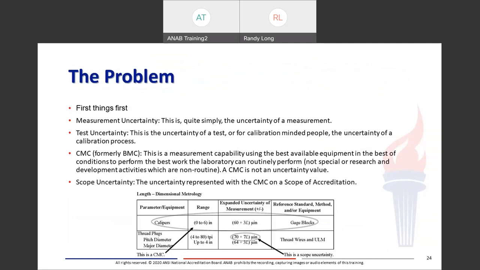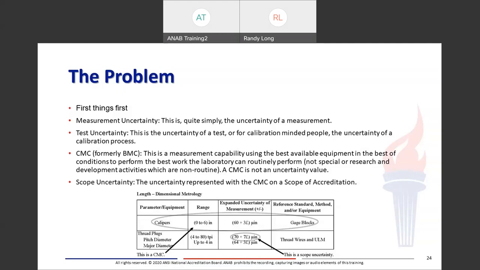So getting into the definitions of the different types of uncertainties. A CMC on a scope of calibration, the CMC is actually all four of these components here: the equipment that's going to be tested, the range, the uncertainty, and the reference standard or method. So we call this value here the scope uncertainty.